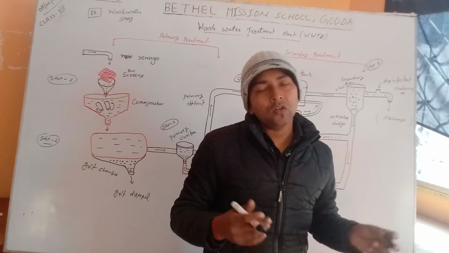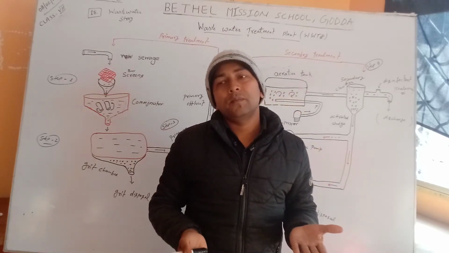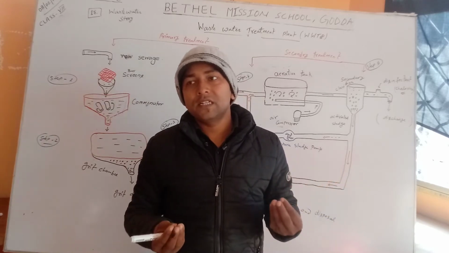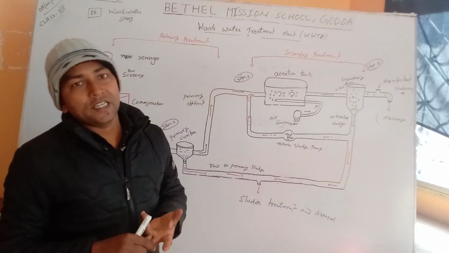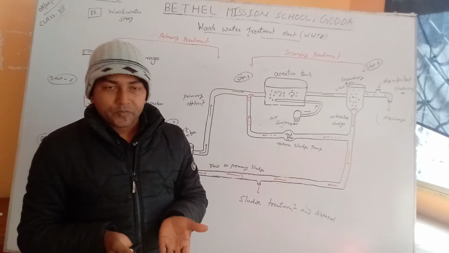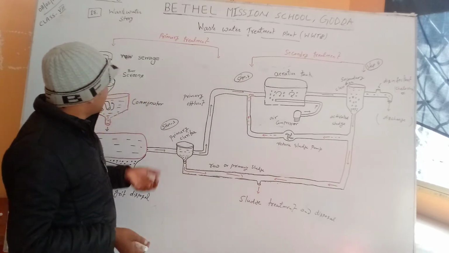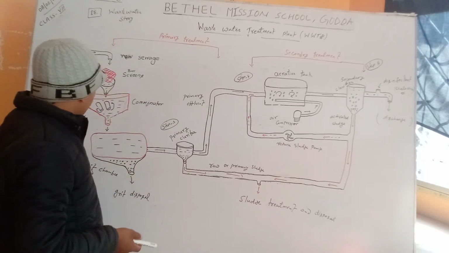Okay, so in short, first step, big solids like polythenes, sticks, and also napkins are removed by the bar screen. Okay, second, it is sent to the grit chamber.